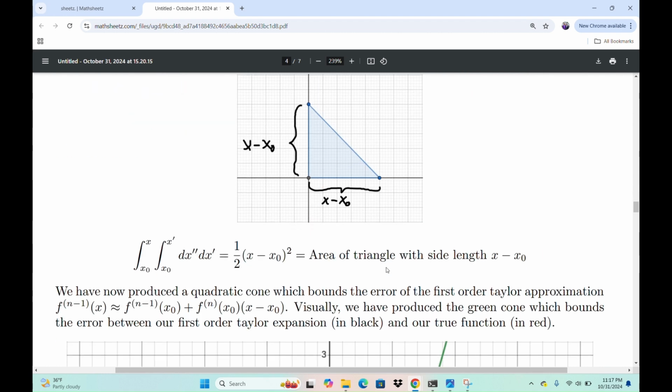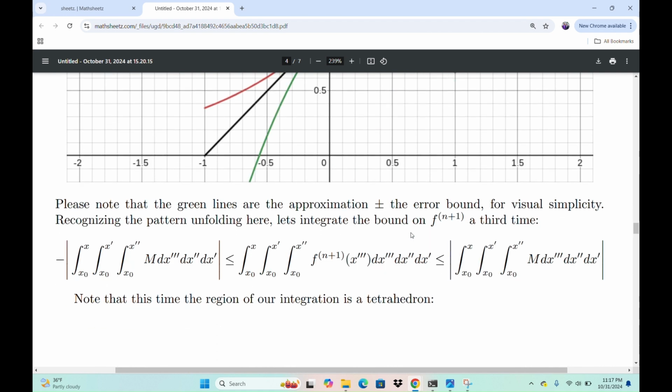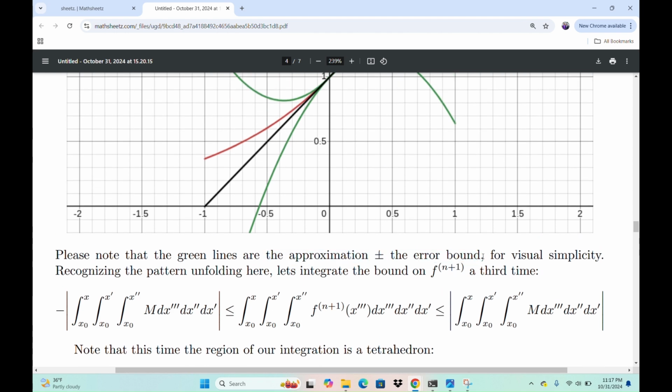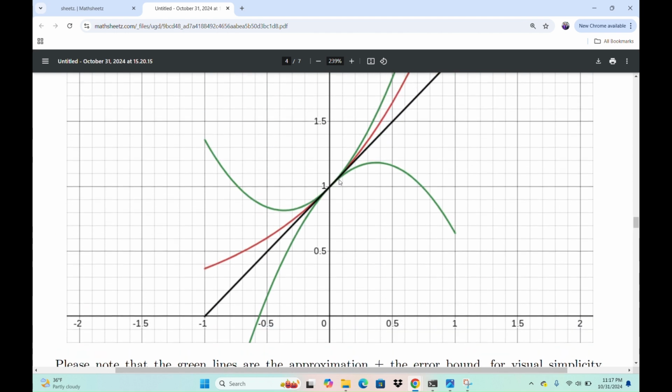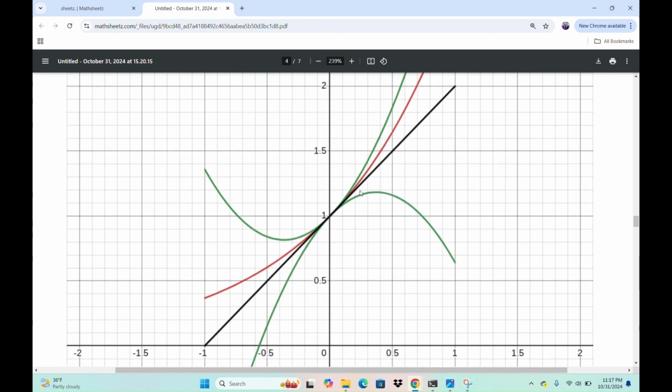Okay, so for visual purposes, I went ahead and graphed the approximation plus or minus the error bound. Okay, so I basically am starting at this black line and then adding the error cone onto this black line, which is exactly the visual picture that we want, which is: how sure am I that this line here is actually a good guess?